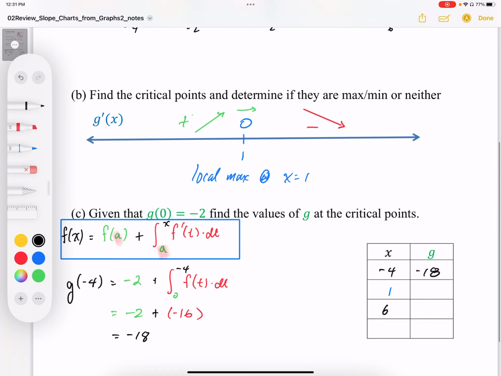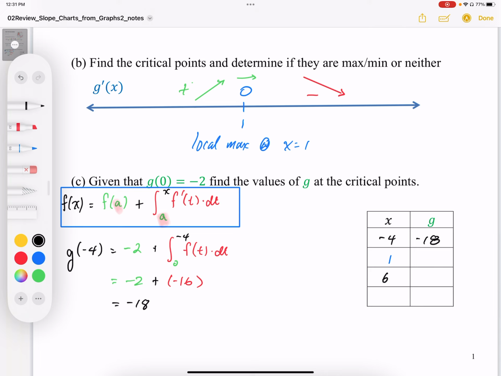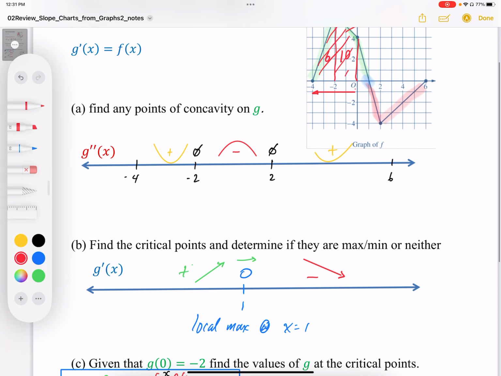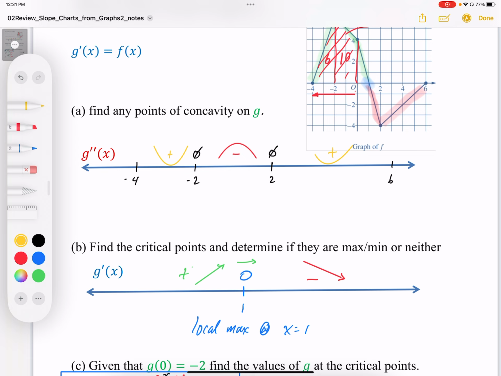Then we're going to do the same for 1. g of 1 is going to be equal to our starting point of -2 plus the displacement from 0 to 1 under the derivative function. So the area under that derivative function from 0 to 1 is going to be this area in here. It looks like it's a height of 4, width of 1, so 4 times 1 divided by 2.